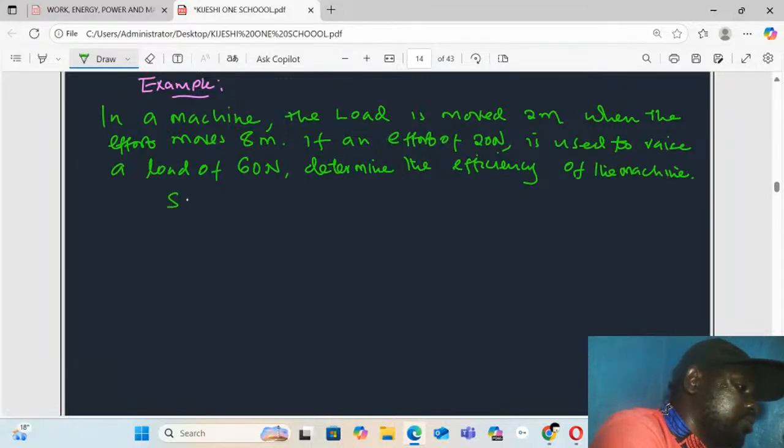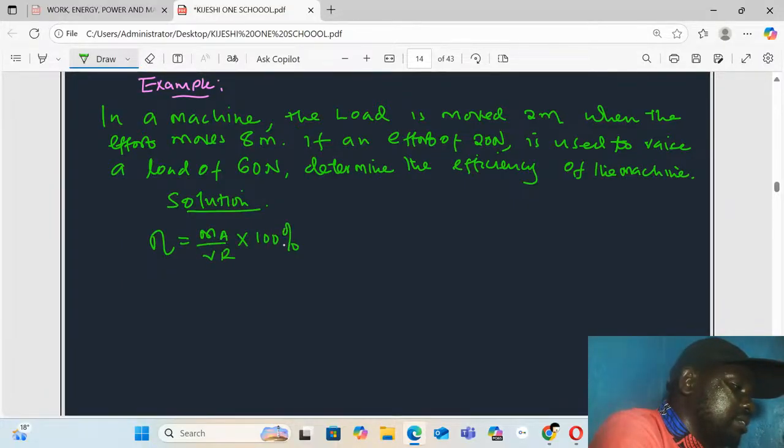So now we need to solve, where we'll say that efficiency is MA over VR times 100%.